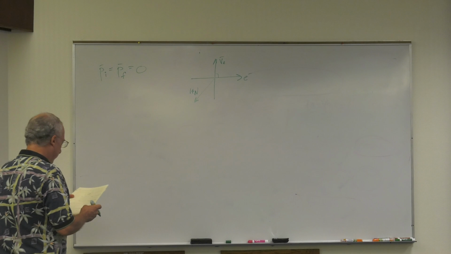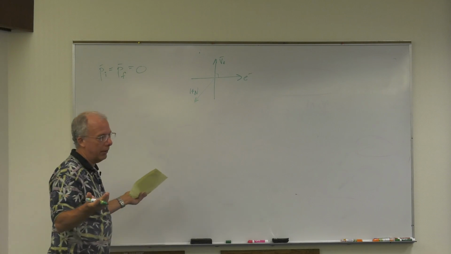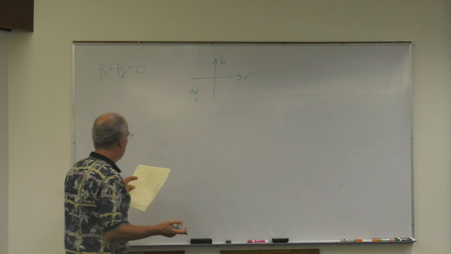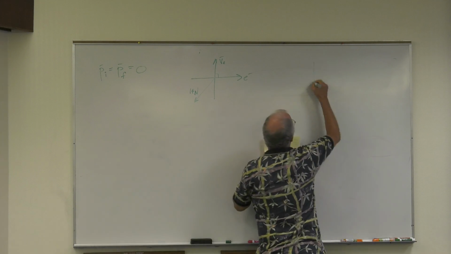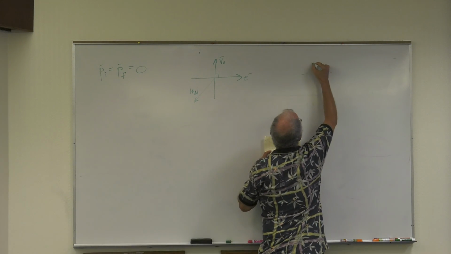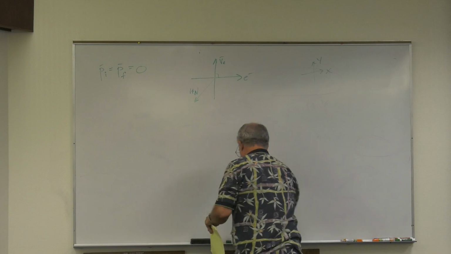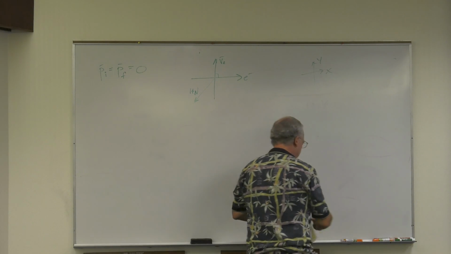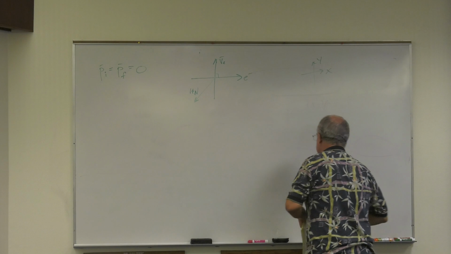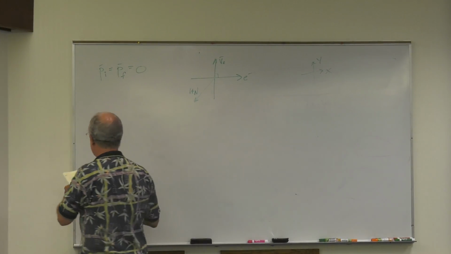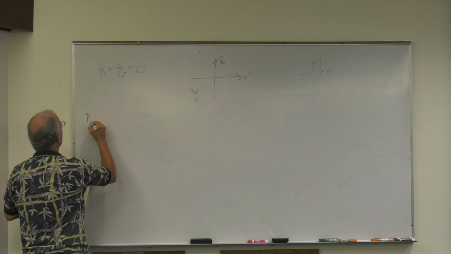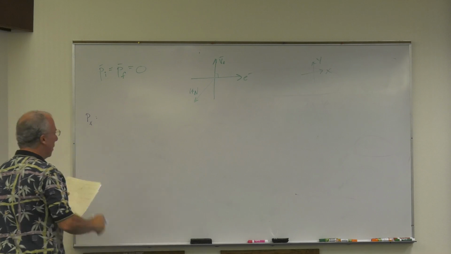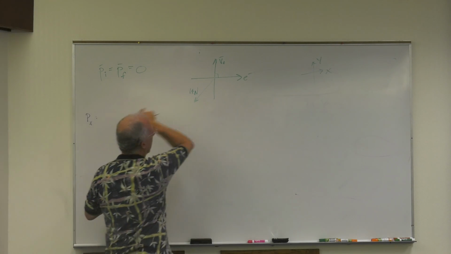Okay, so momentum. We have an x direction, we have a y direction. So let's just be boring and call that x and that y. Okay, let's do the x. So this is the px. All right. So we have the momentum of the electron.